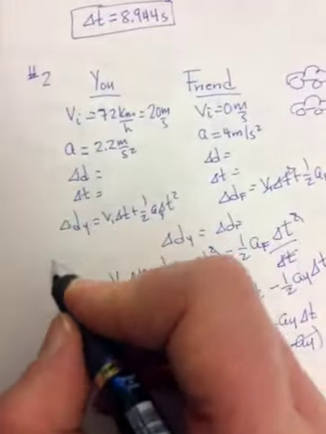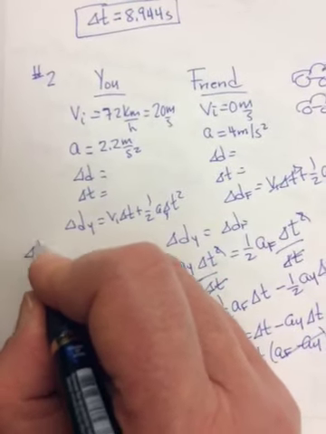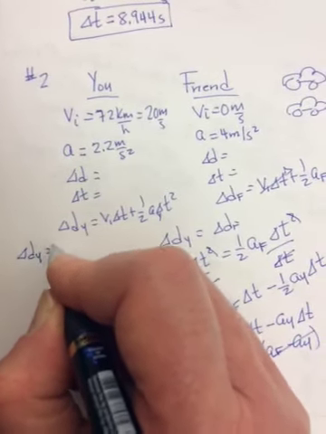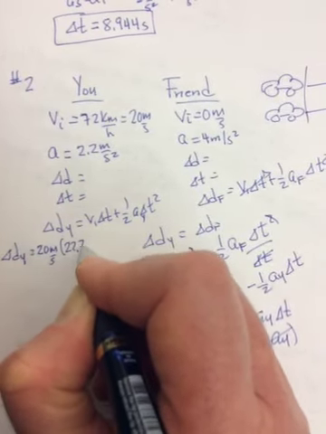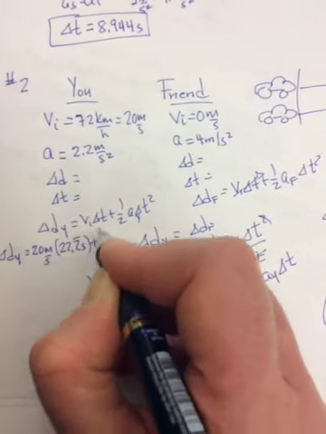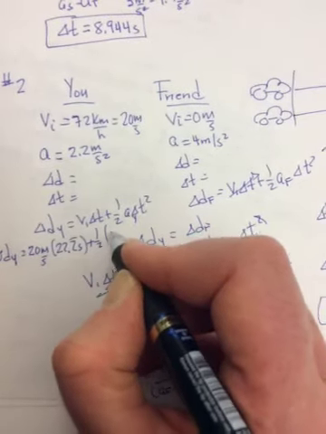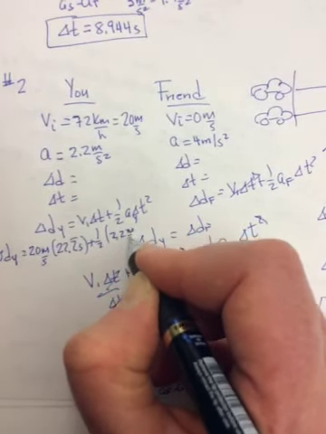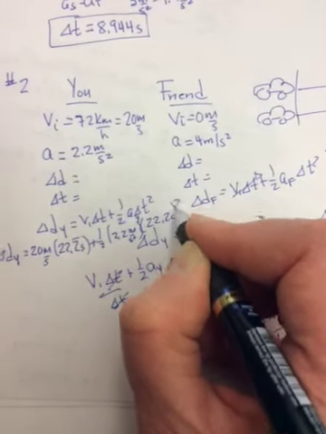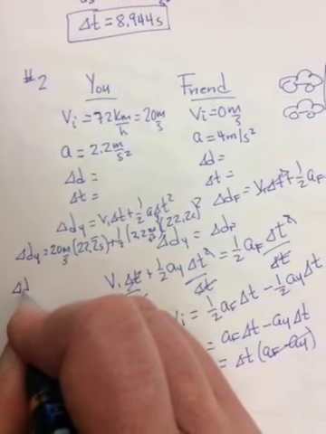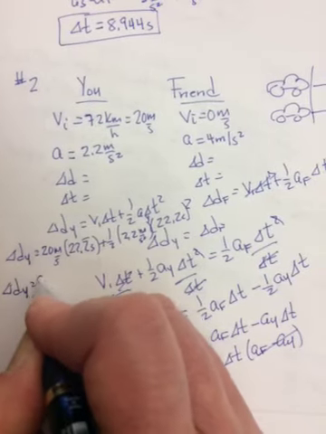Over here, if you do the same thing, you should get the same answer. So it's going to be 20 meters per second times 22.2 repeating plus 1/2 times 2.2 meters per second squared times 22.2 seconds. Don't forget to square it. And lo and behold, if you didn't round at all, 987.